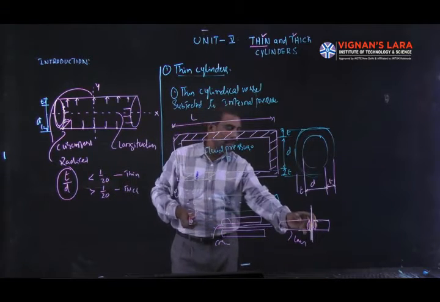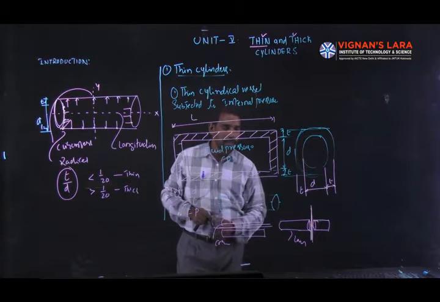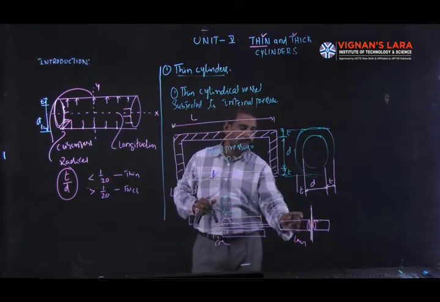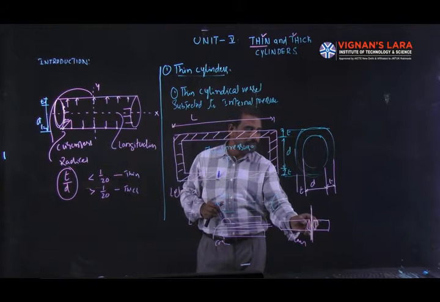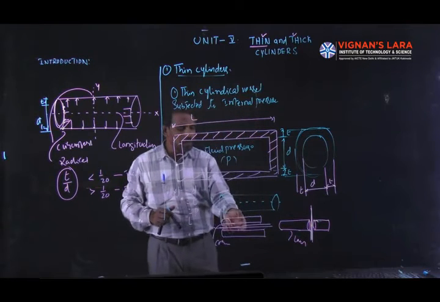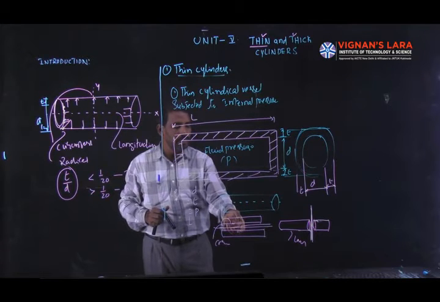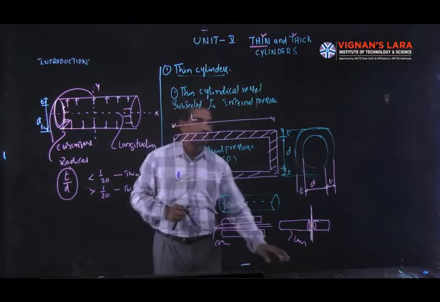This is the failure portion along the length, that is, longitudinally. We have to measure the resistance offered by this material against failure along the length of the cylinder, and then the resistance offered by this material against the pressure force circumferentially.